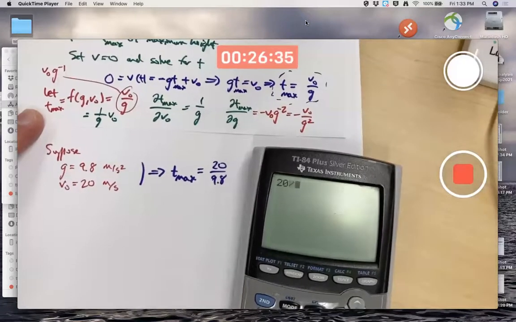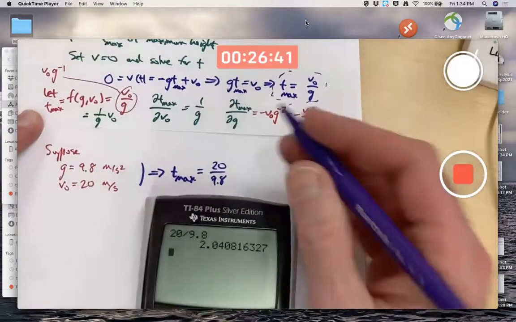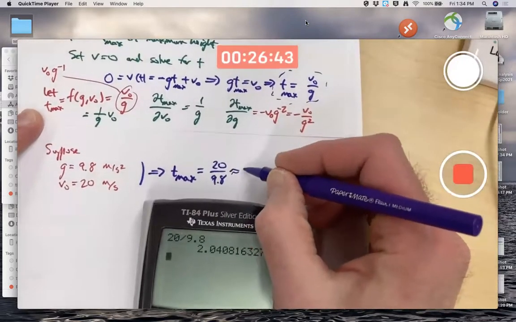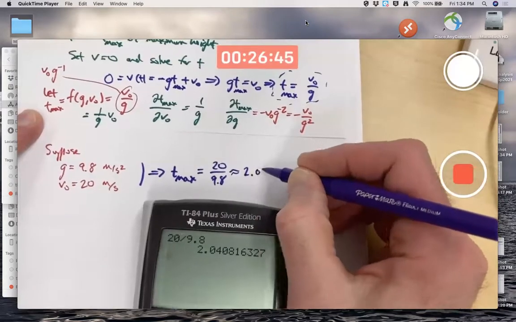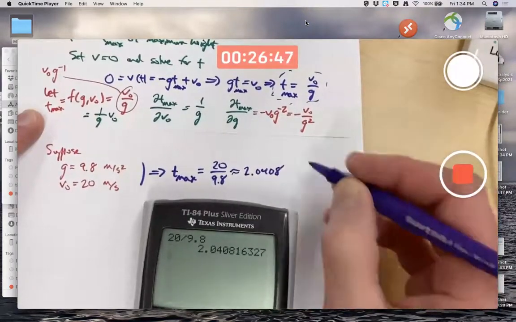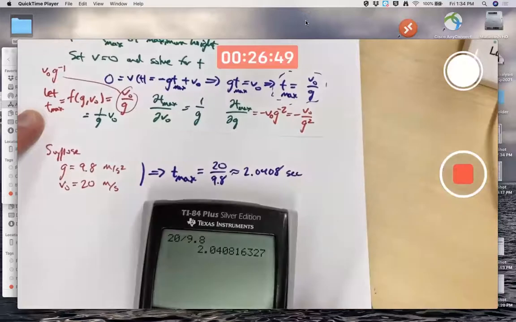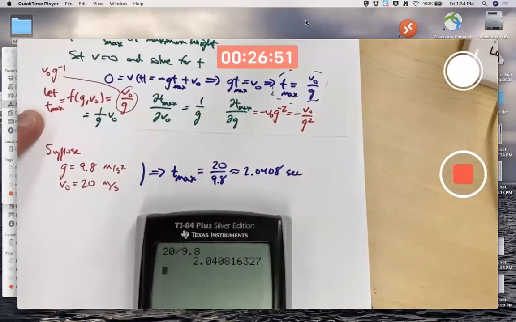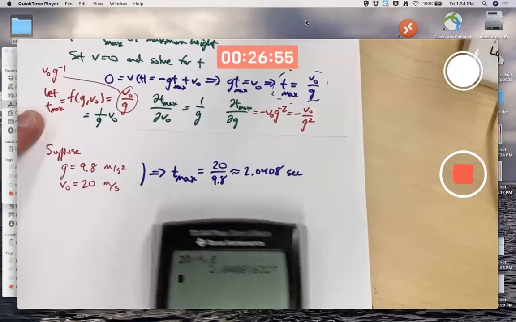About 2.04. I'll go ahead and round it to 2.0408. That's probably too many significant figures, but I'm not going to worry about it. It's going to take about that long to reach the maximum height.